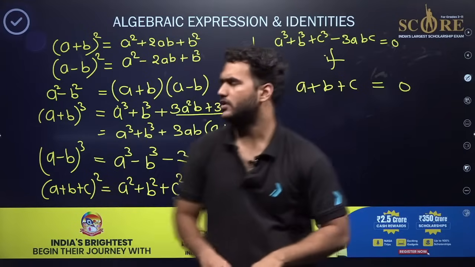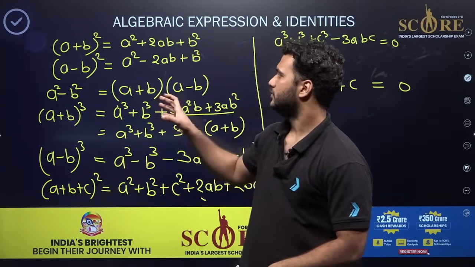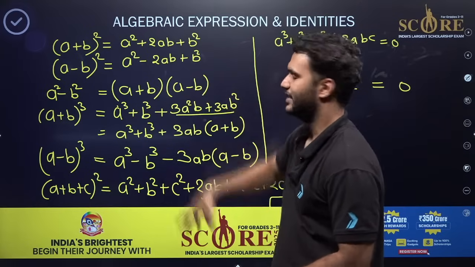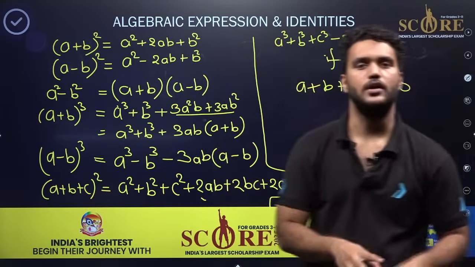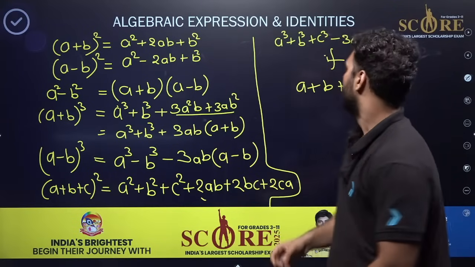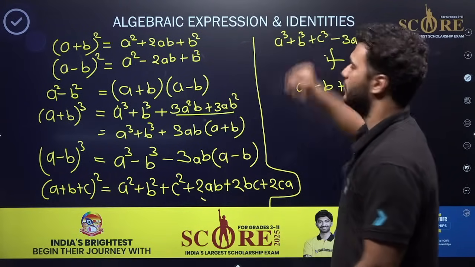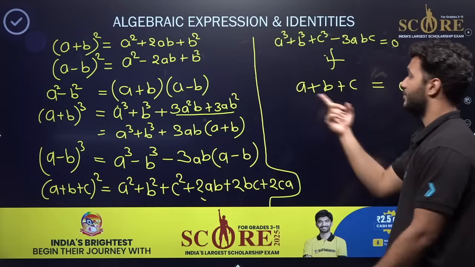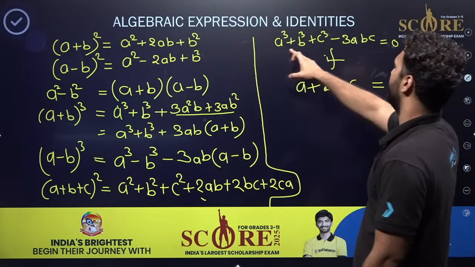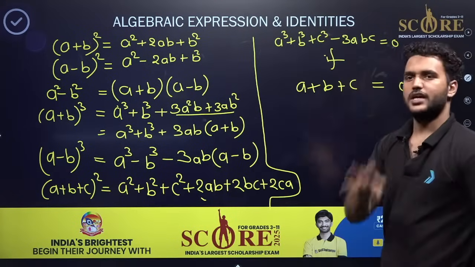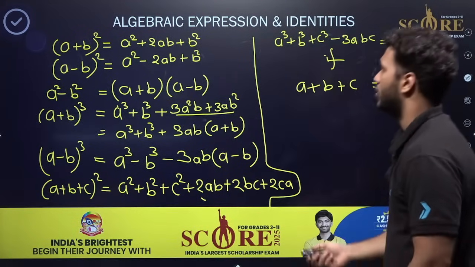You all study and talk about all these identities without any condition. Why this condition? Because I have faced many questions which use this identity, where it is given that a plus b plus c equals 0 and you have to find something that is really related to this identity. That's why I talk about this one.